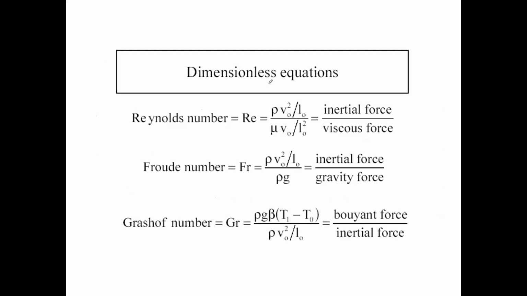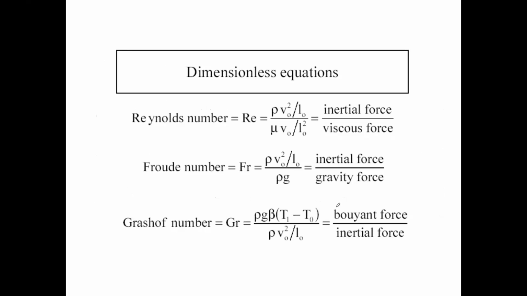Here I just want to add more about dimensionless equations. I took it from the late Pak Mobiar's PowerPoints, just to emphasize the concept. Later on we're going to see, for example, the Grashof number.